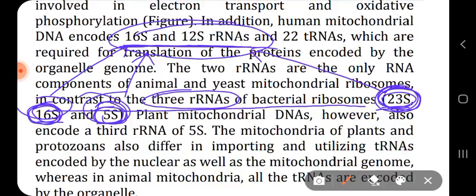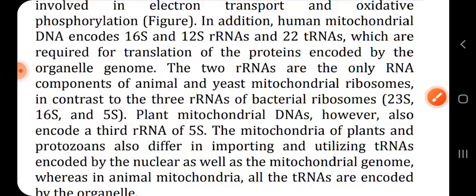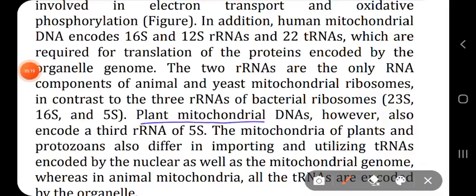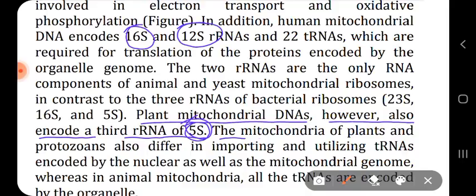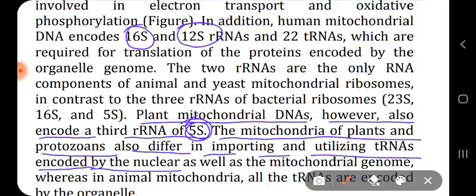Plant mitochondrial DNA, however, also encodes a third rRNA, 5S. Within plant mitochondria, other than 16S and 12S, they also encode 5S rRNA. Mitochondria of plants and protozoans also differ in importing and utilizing the tRNAs encoded by the nuclear as well as the mitochondrial genome.